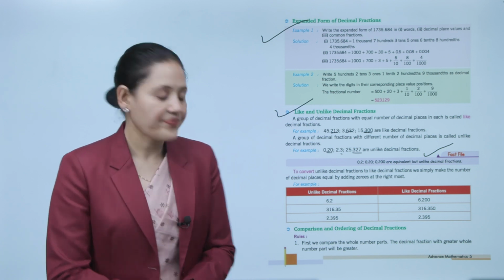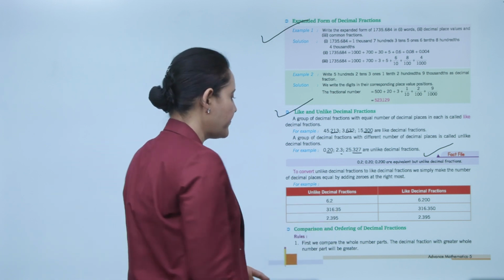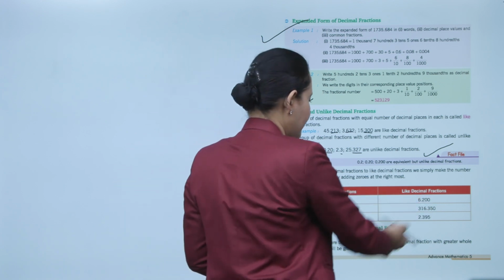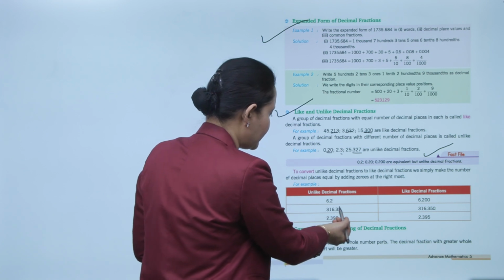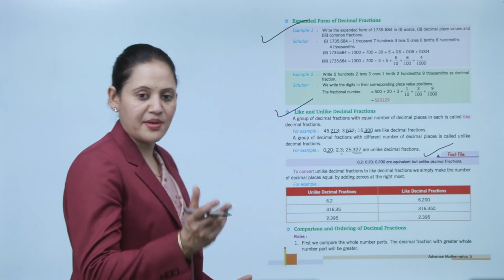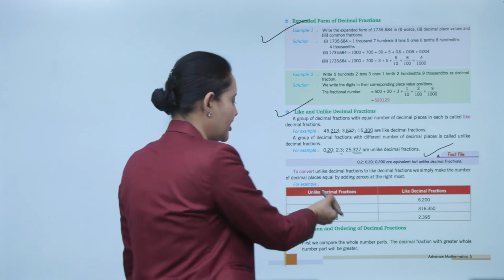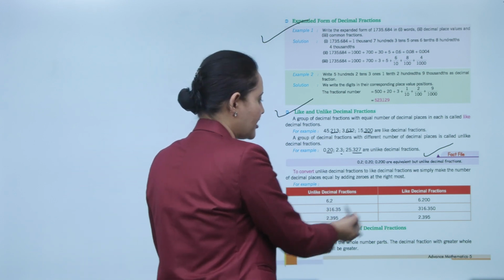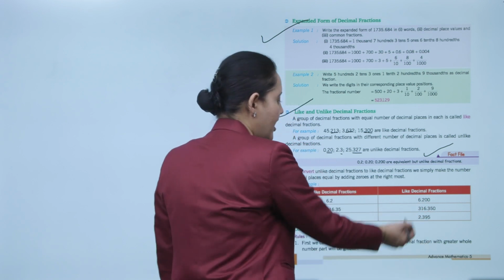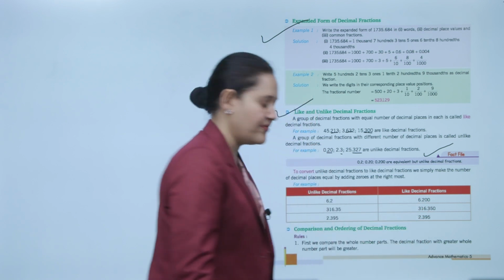For example, 6.2. So, we have to make like decimals 316.35 and 2.395. Maximum after decimal is 3 digits. So, what will we do to make them like decimals? We'll add 0s. 6.200, 316.350 and 2.395.